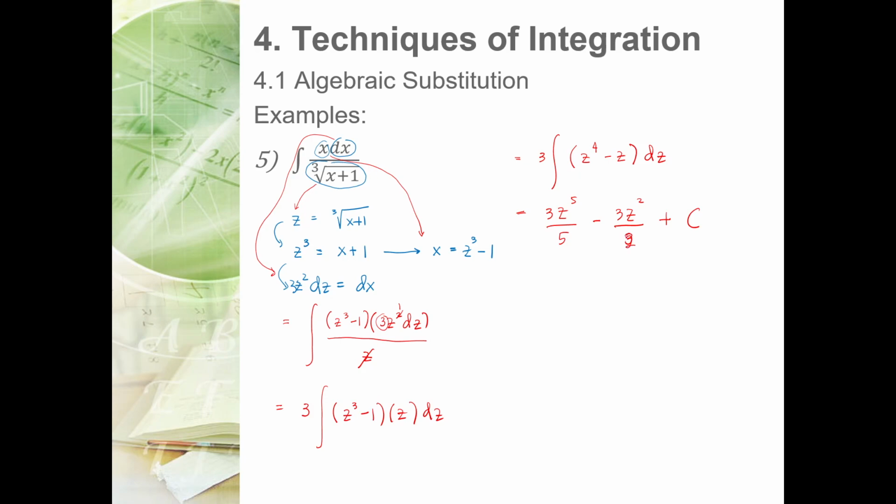Now bringing back the value of the z parameter, this gives us 3 times x plus 1 raised to 5/3, all over 5, minus 3 times x plus 1 raised to 2/3 all over 2, plus c.